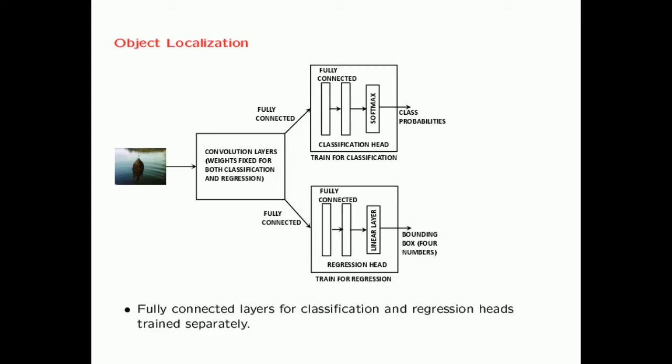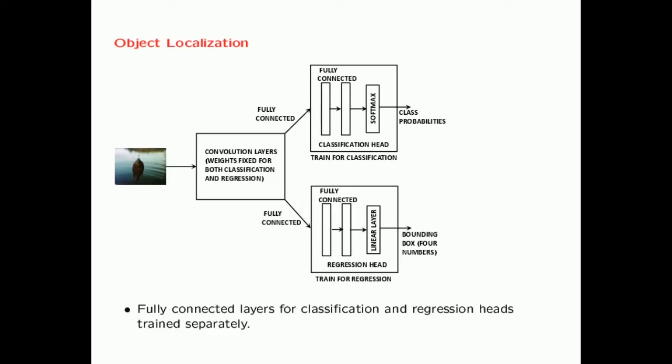So here you can take the pre-trained model. You don't really need to retrain it for the whole object localization problem. You could, for example, first train your convolutional network using ImageNet as if it's a classification problem. Then all the convolution layers, you can hold their weights fixed as if you have learned them.